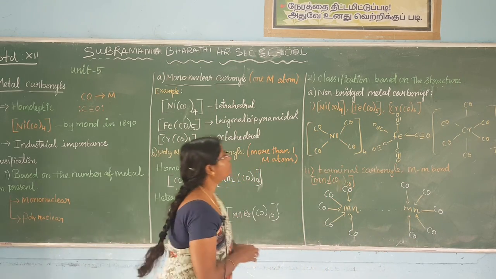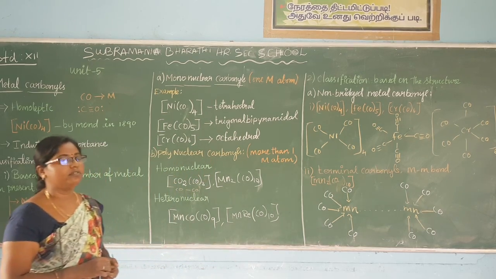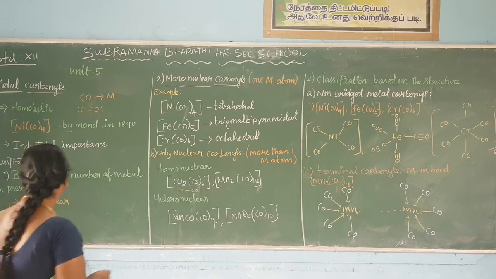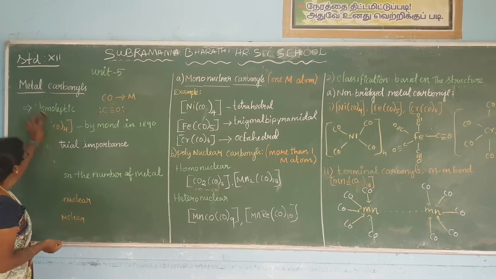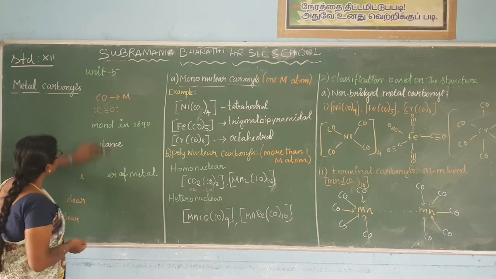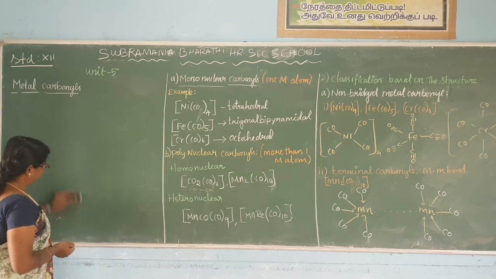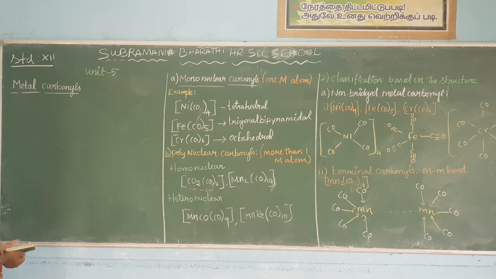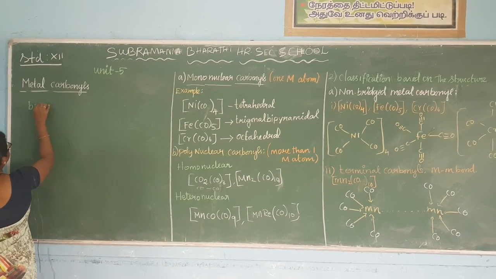Okay. Then the next one, we have seen non-bridged metal carbonyls. Then we have to see the bridged metal carbonyls. We will see now. So, the next type is bridged metal carbonyls.